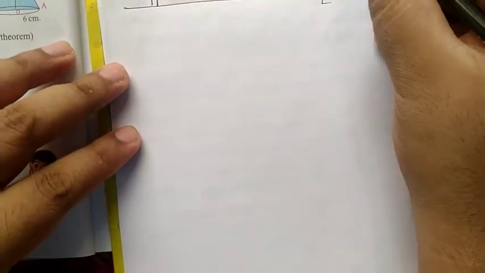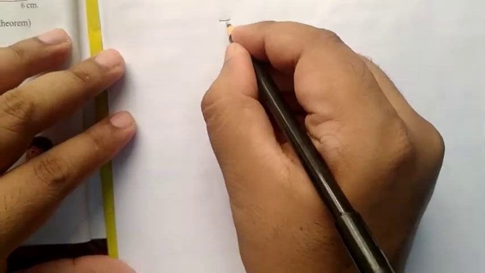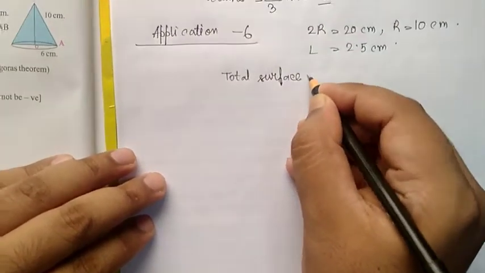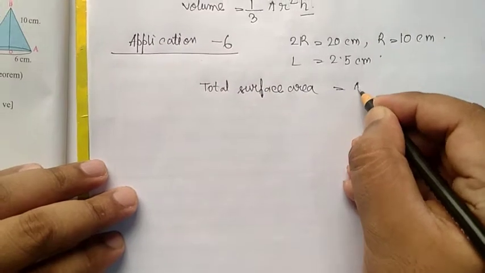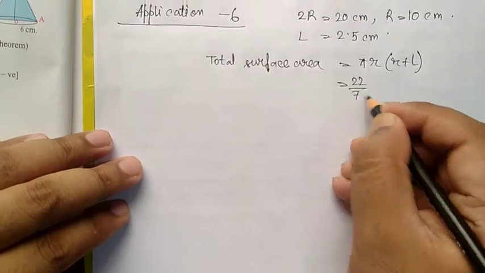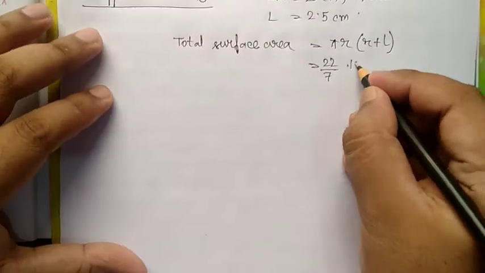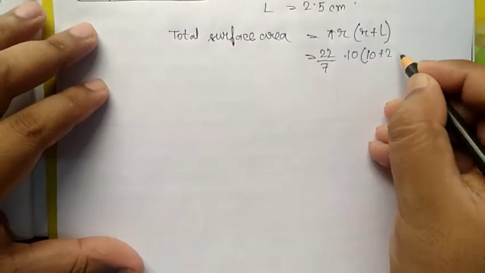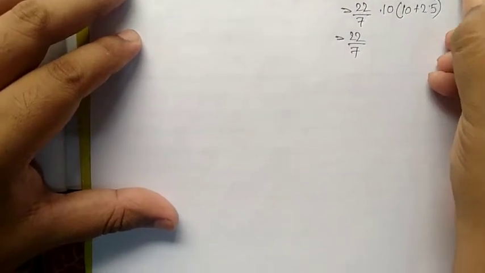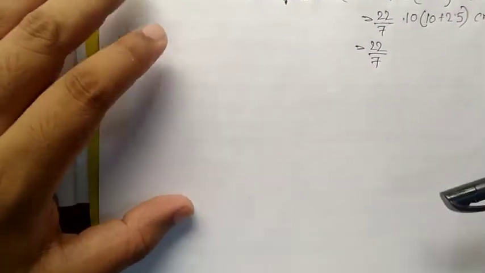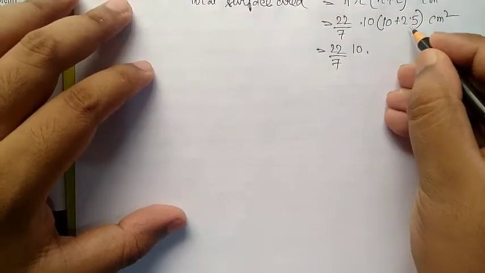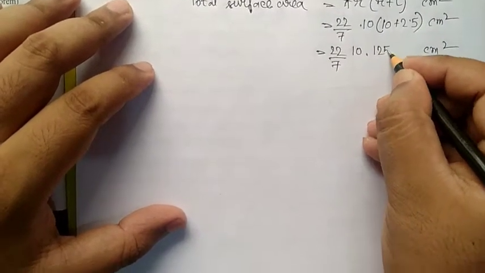The formula is pi r times r plus L. So total surface area equal to pi r times r plus L. Pi means 22 by 7, r means 10, and here 10 plus 2.5. Its unit is centimeter square. Ten into 12.5, so 125 by 10.